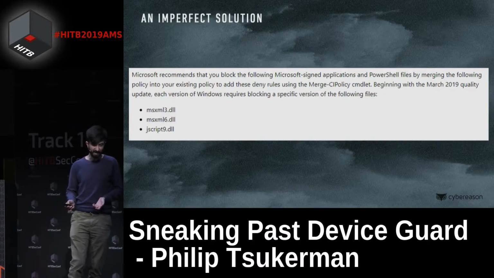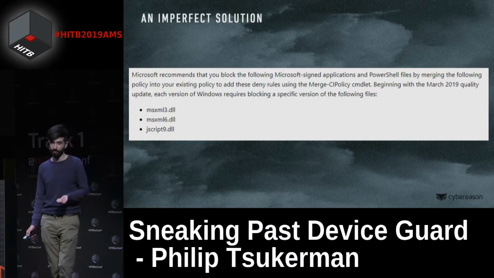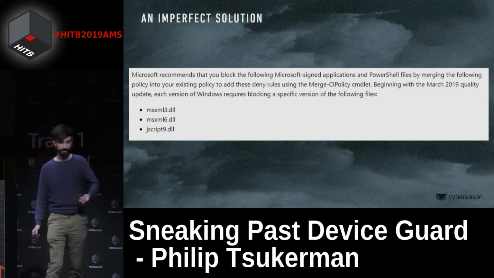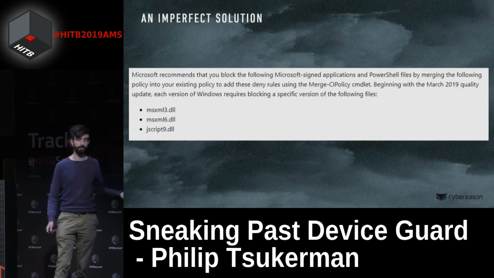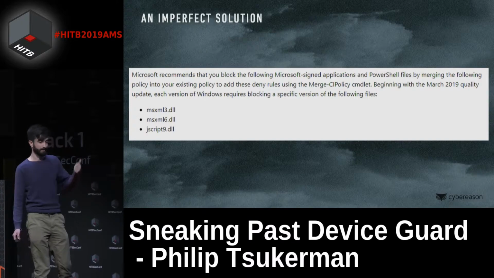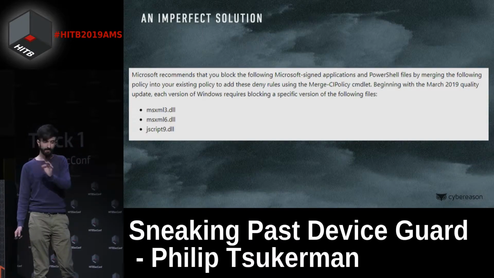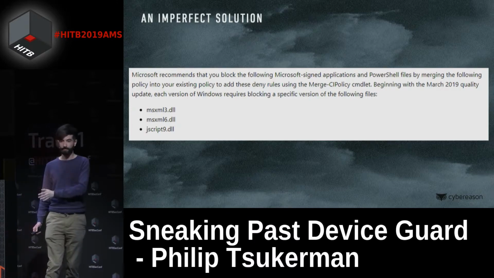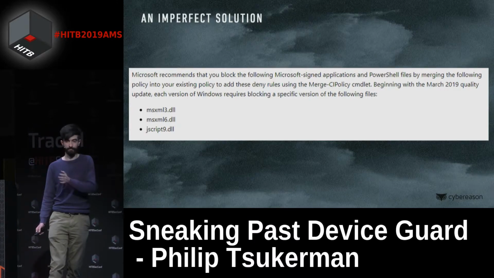Now, Microsoft have issued a couple of new recommended block rules for device guard, which, as you see, simply mention that, oh, you have to have like JScript 9 and MSXML from this version and up, or they will get blocked.